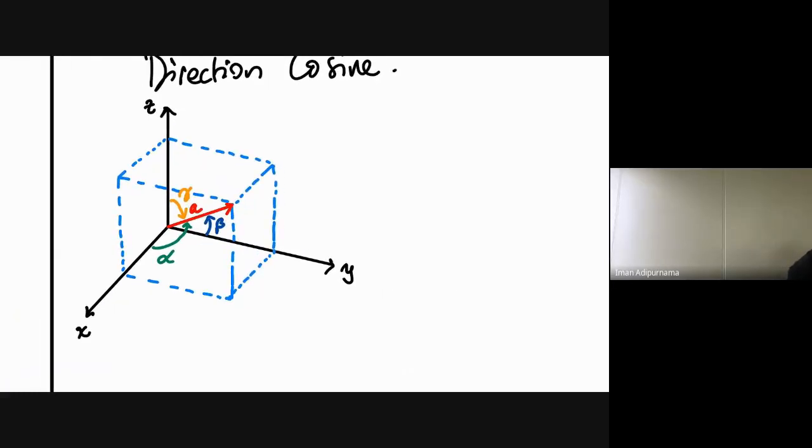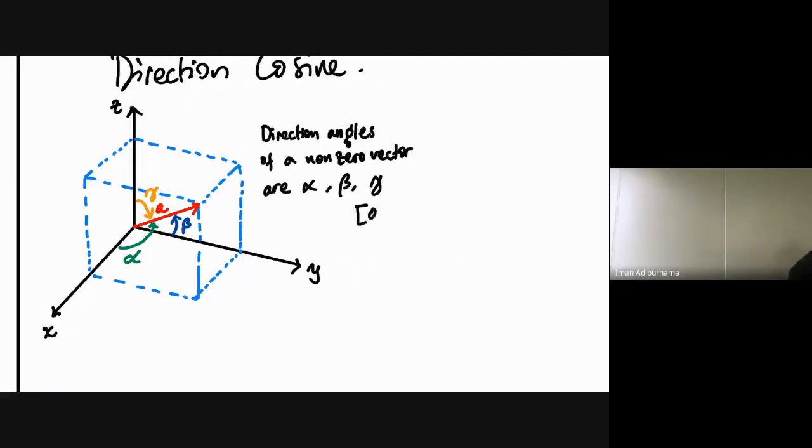So from the picture, let me write the direction angles of a non-zero vector are alpha, beta, and gamma in the interval from 0 to pi.